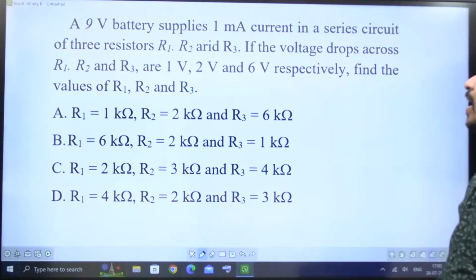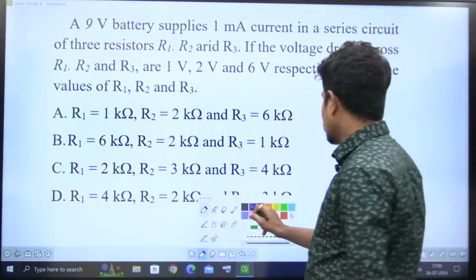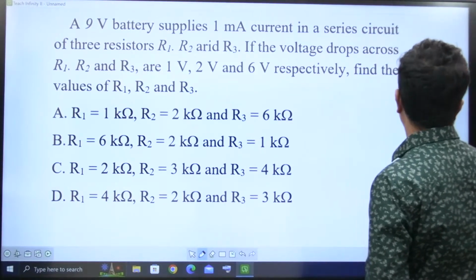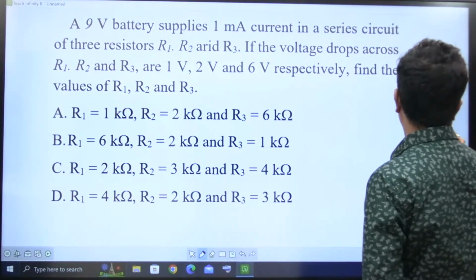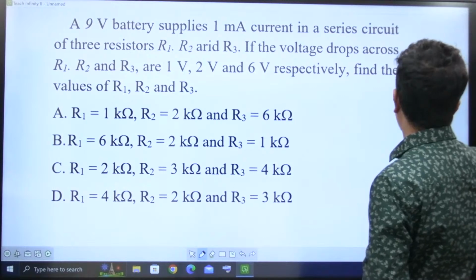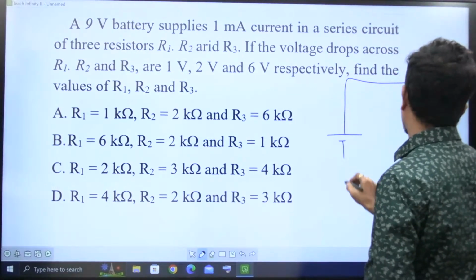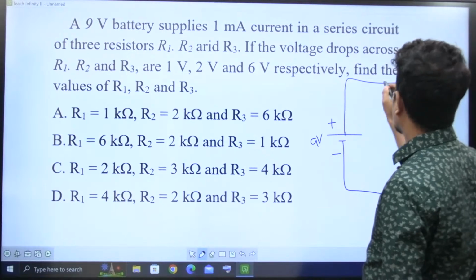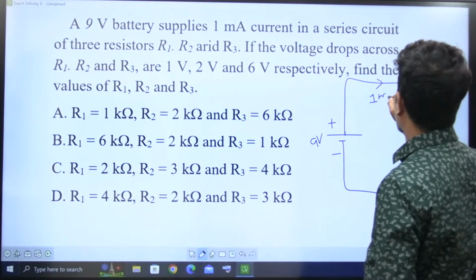Next, a 9-volt battery supplies 1 milliampere of current in a series circuit with 3 resistances R1, R2, R3. Yes, some network question. He connected a 9-volt battery, plus minus. This is 9 volt, and the current that is flowing is 1 milliampere.